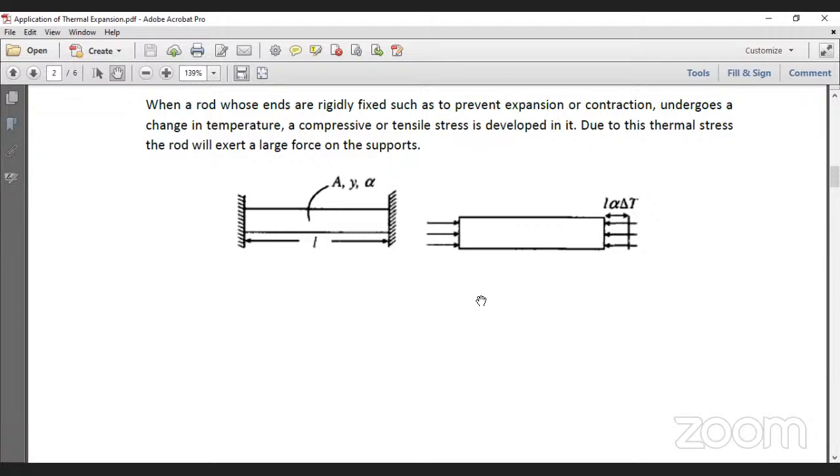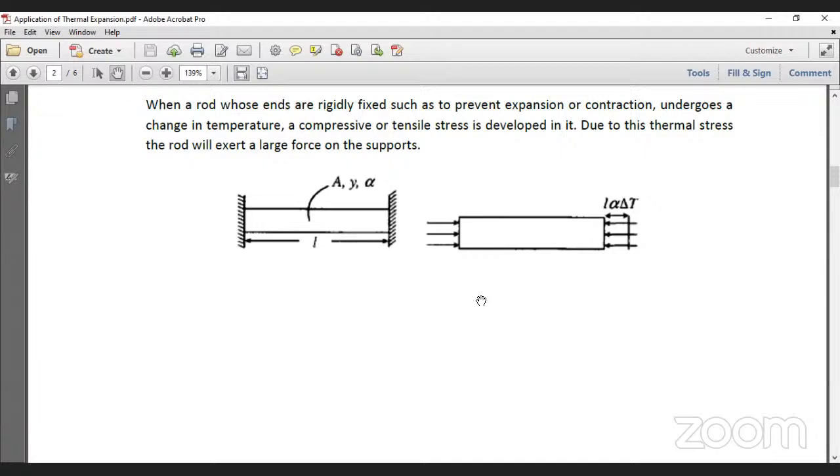But if that rod is fixed at both ends, it doesn't have any freedom to expand. So what happens then is that against the expansion, it will develop stress. Like they apply force on both ends of the rod, but it doesn't have enough space to expand.